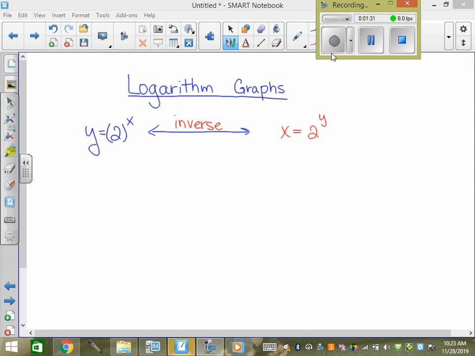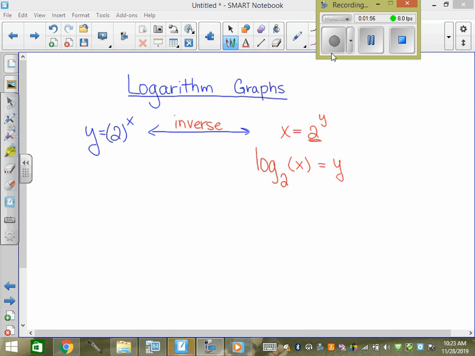That's the next step. So our y is actually the exponent, and the only way we're going to get to y equals is by converting it to a log. So the base of my exponent becomes the base of my log, and the x is now going to be on the other side. Okay?